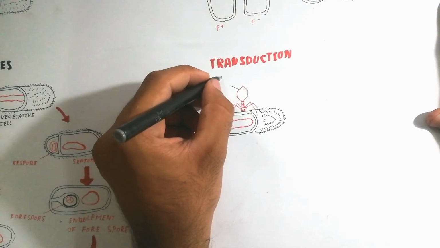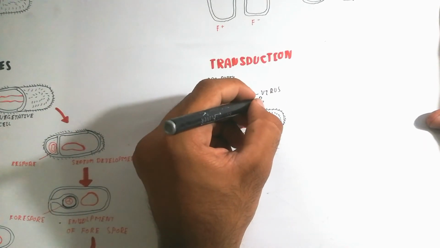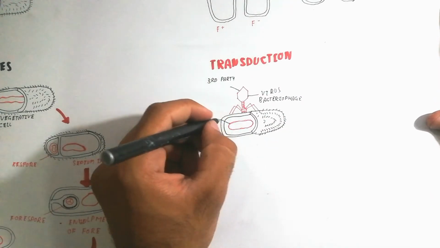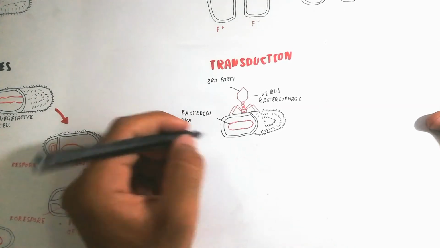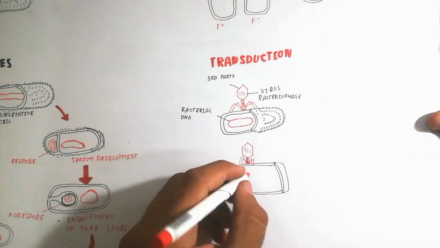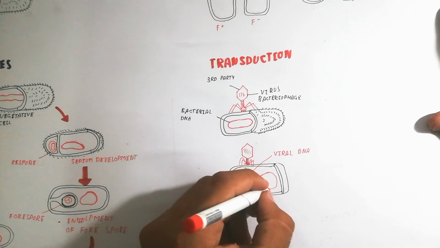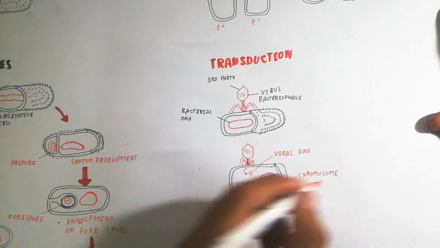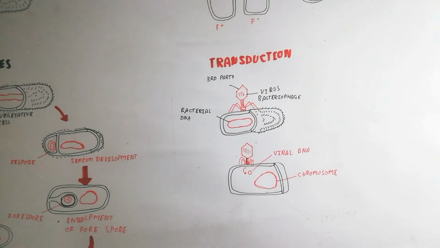In transduction, a third party is involved, compared to, for example, two bacteria used for sexual reproduction. Here the sexual reproduction is mediated via a bacteriophage, a third party. So let's learn about transduction. Here the bacteriophage penetrates and inserts its DNA into the chromosome of the bacterial DNA.